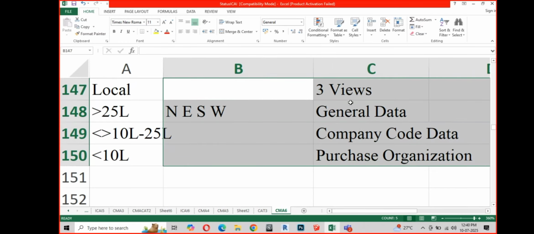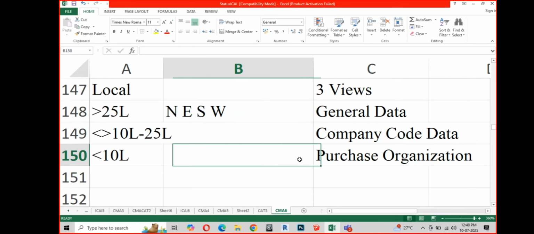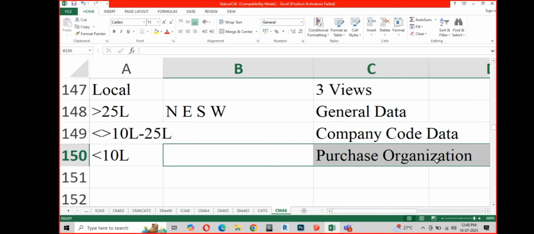One is finance specific. One is your purchase department or your plant or your planning or your production department information, which has to get into the master data. Clear? Did I answer your question as regards why you require three views, or what the three views of a vendor are?